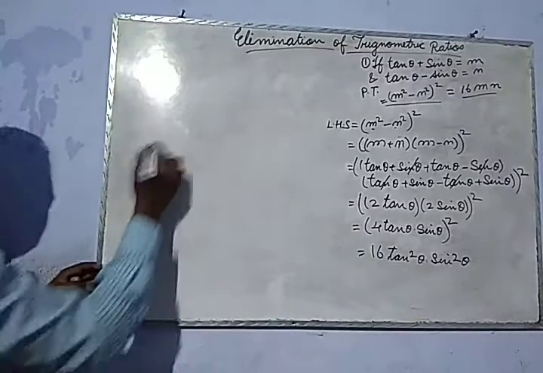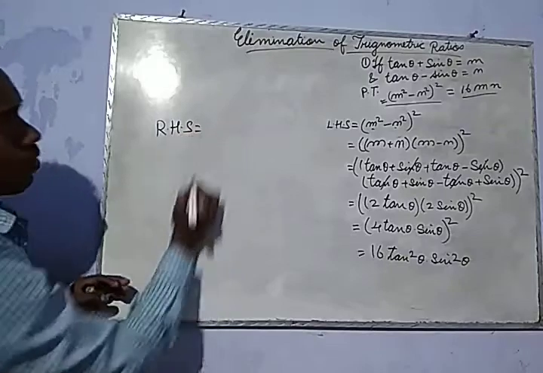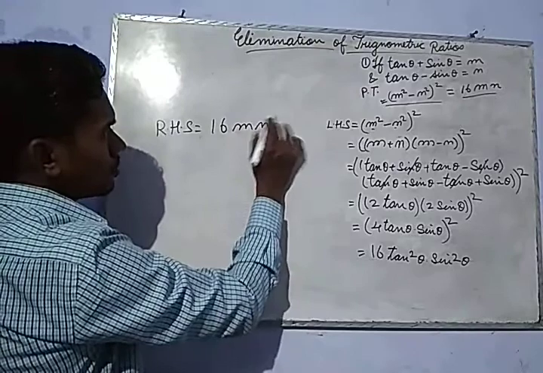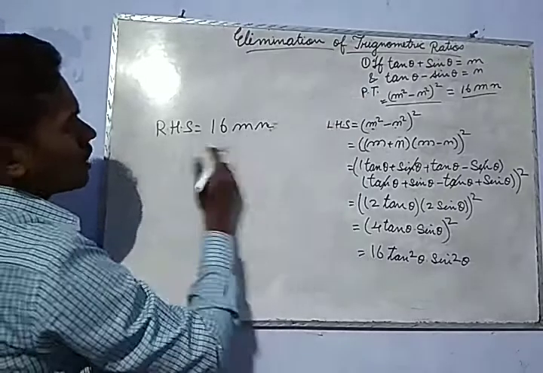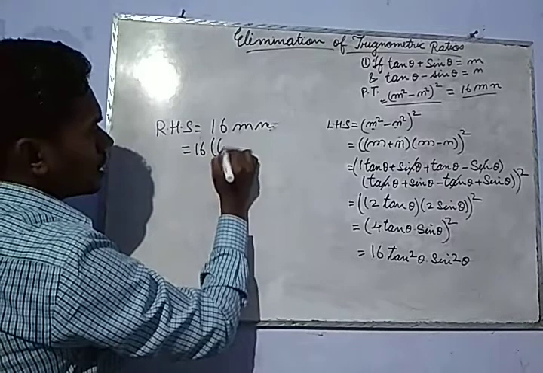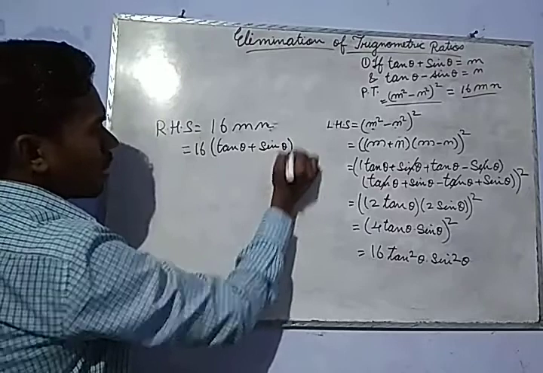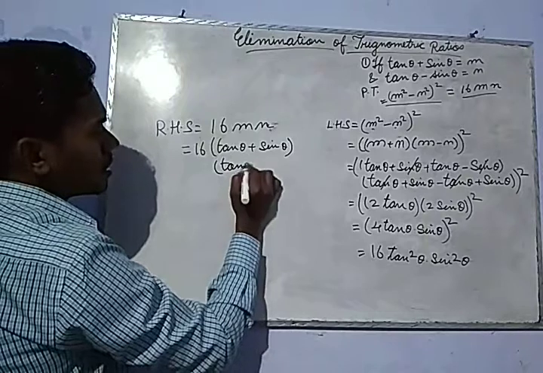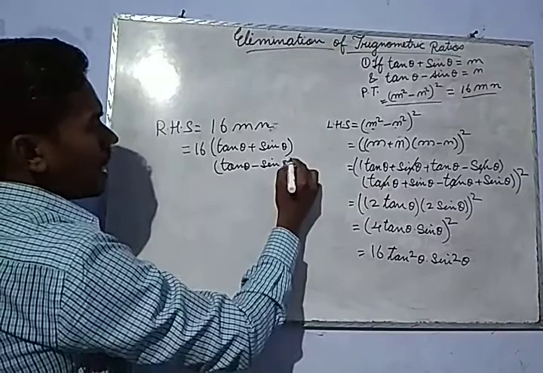Now we will go for the right hand side, RHS. What is it? It is 16mn. We replace the values of m and n with their trigonometric values, and it will be 16 bracket tan theta plus sin theta for m multiplied by tan theta minus sin theta for n.